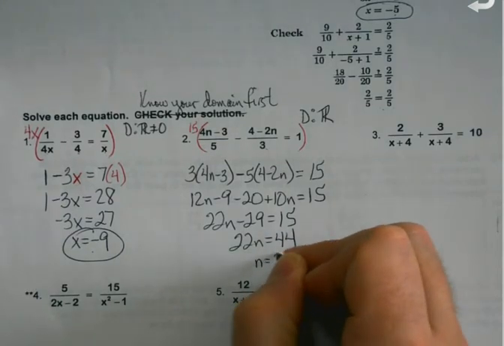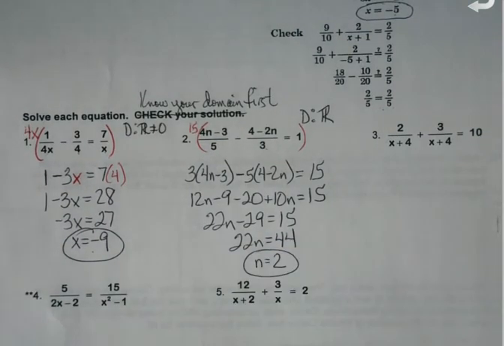And divide by 22. And since I saw before there were going to be no domain restrictions, that works pretty well for me. But again, that key is going to be, how am I doing with my LCM?